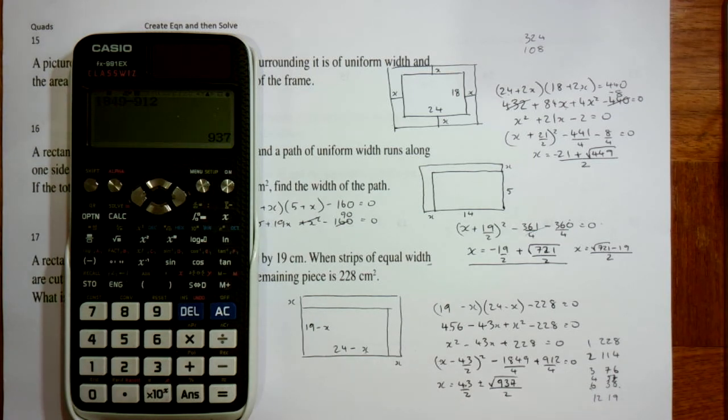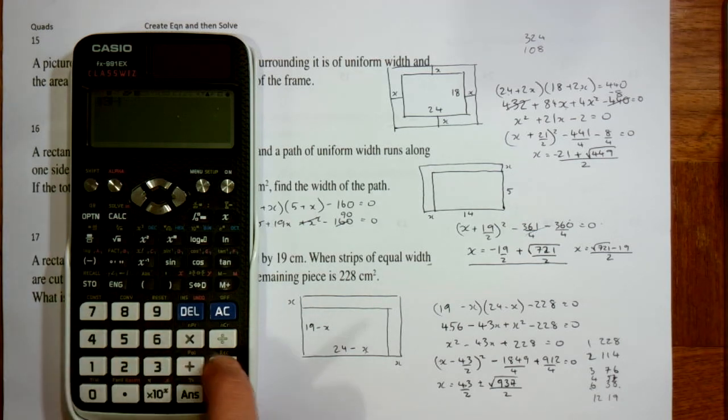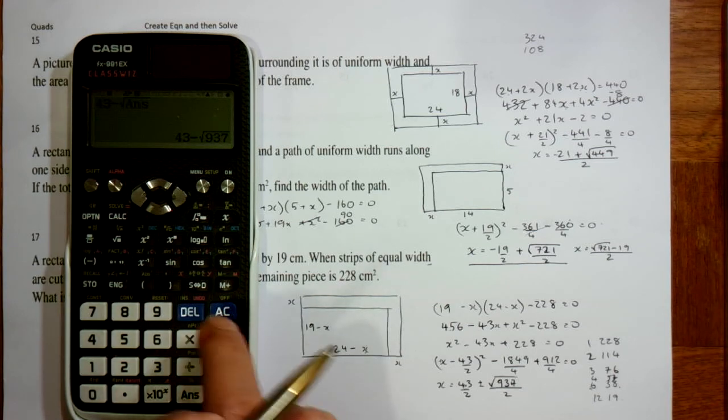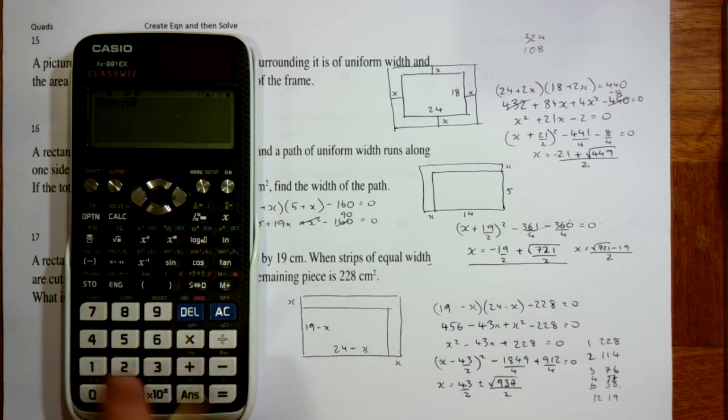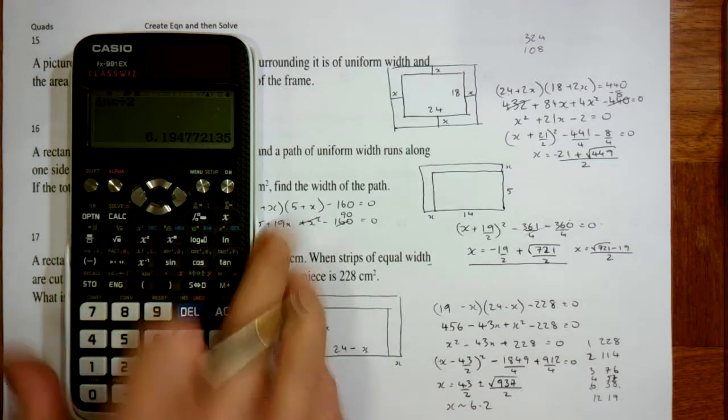So 43 take away 30.6, so 43 minus the square root answer, divide by 2 is that. Let's do it. x is approximately 6.2.